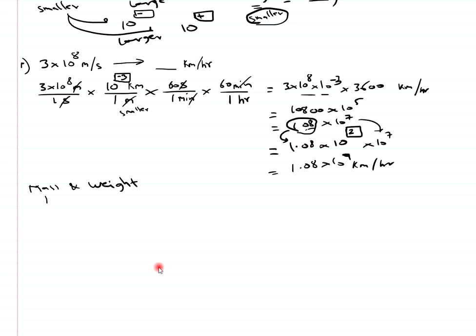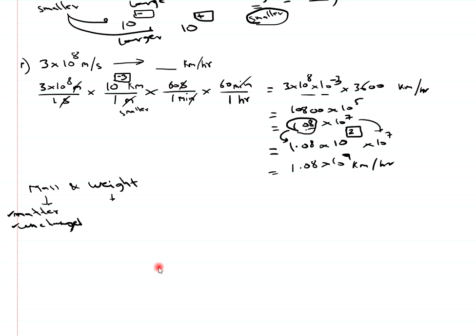Now, mass is the amount of matter in any object. That does not change, so that remains unchanged. It doesn't matter whether the object is on Earth, on Moon, anywhere, the mass remains the same. So the amount of matter in an object does not change.